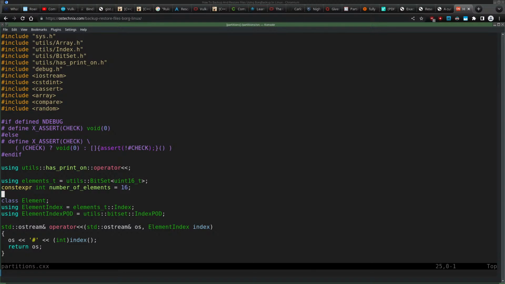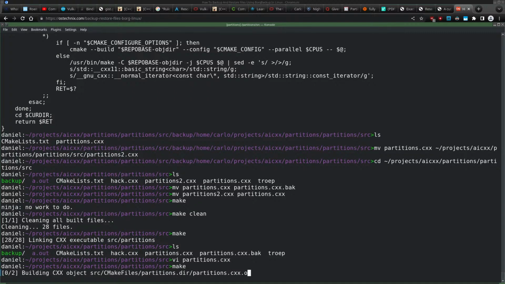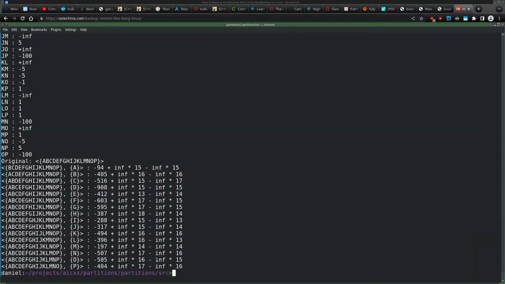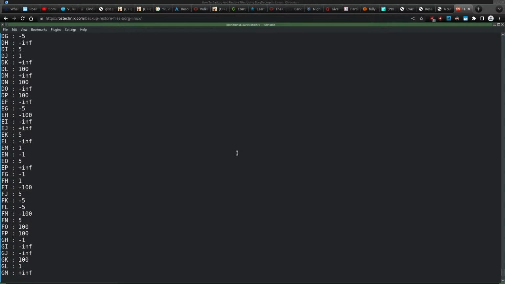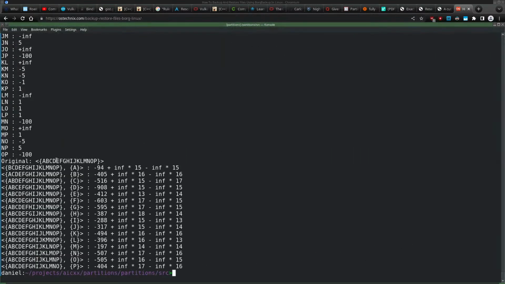Let's make a change. Okay, definitely compile it. This works, but we started here with everything, all the elements in one group.